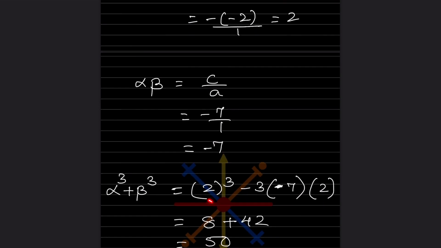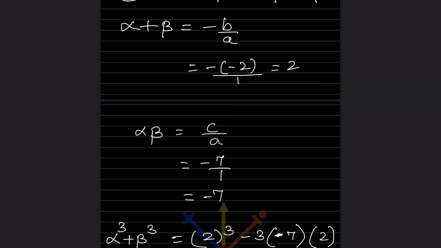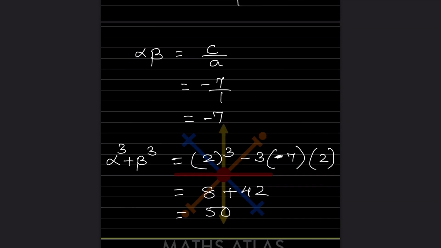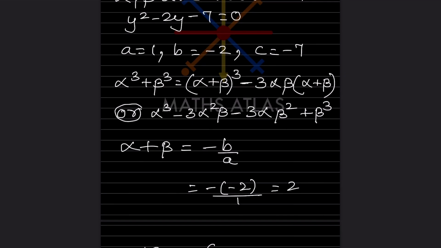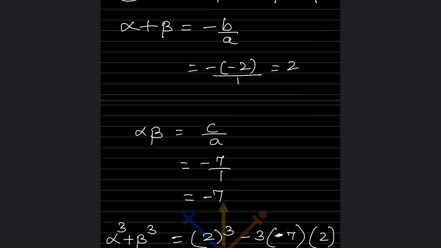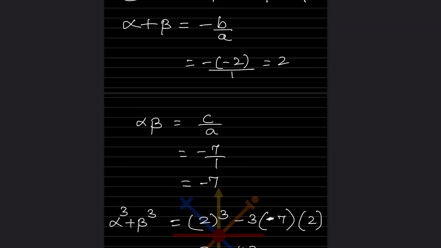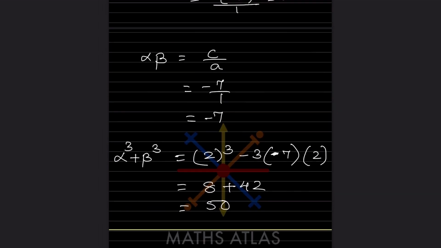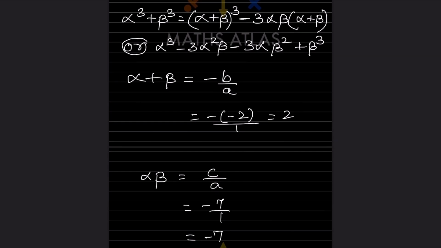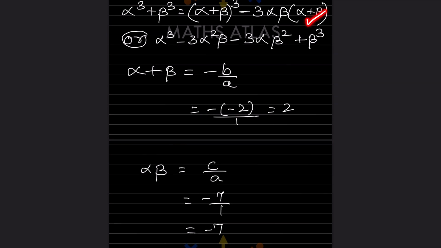So this will be 2 cube, because we know the value of this is 2, minus 3, that is alpha beta, into alpha plus beta.